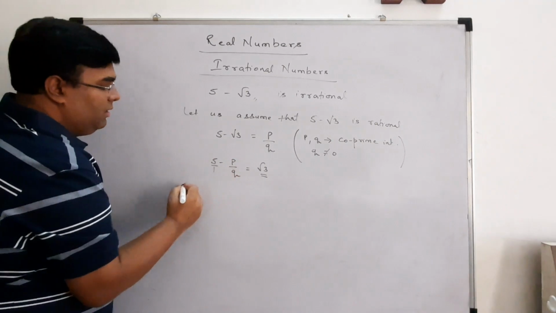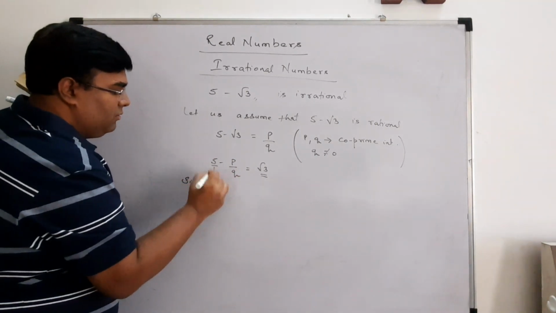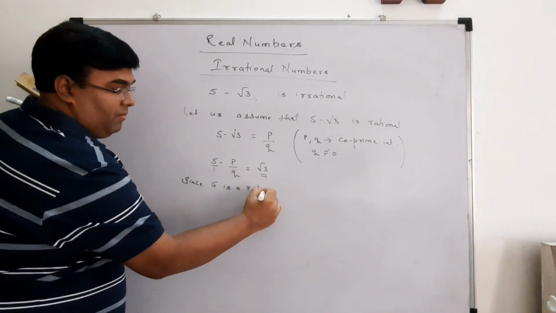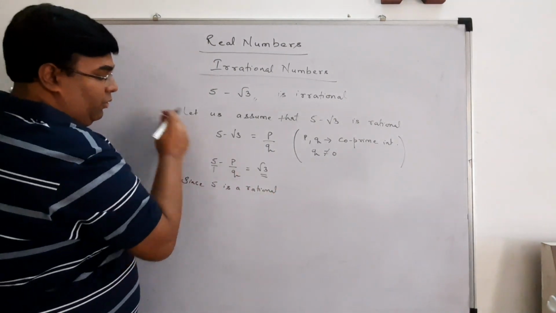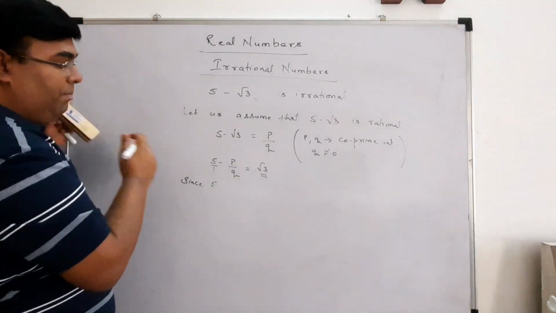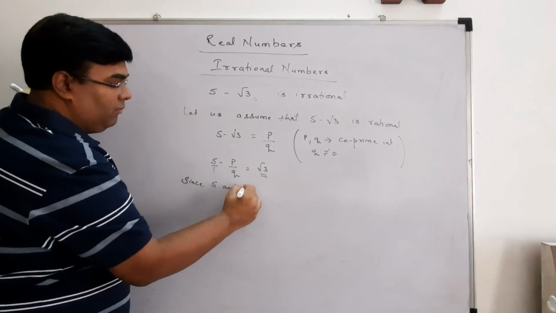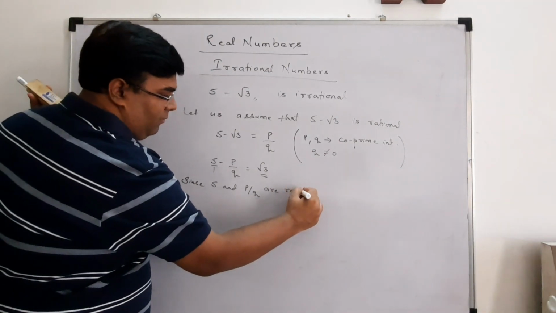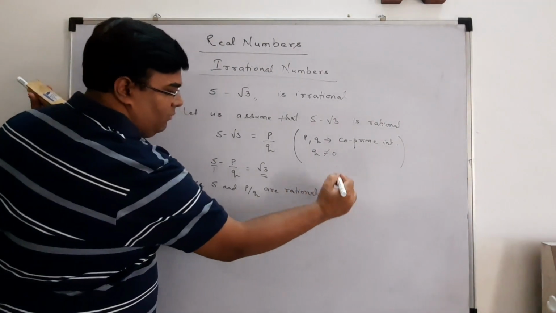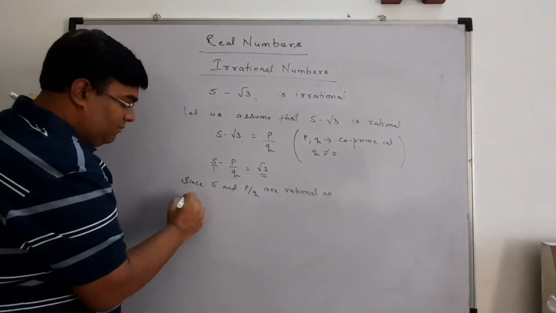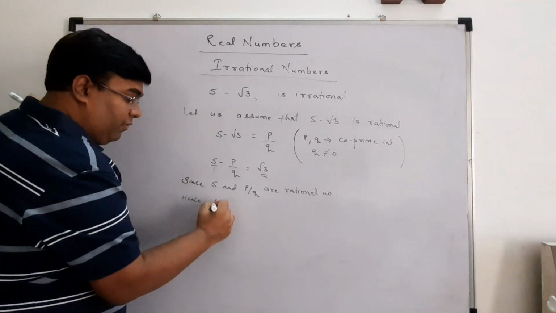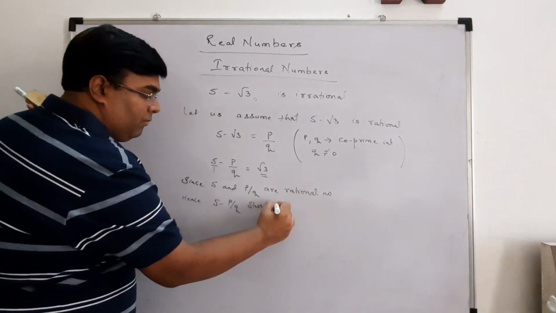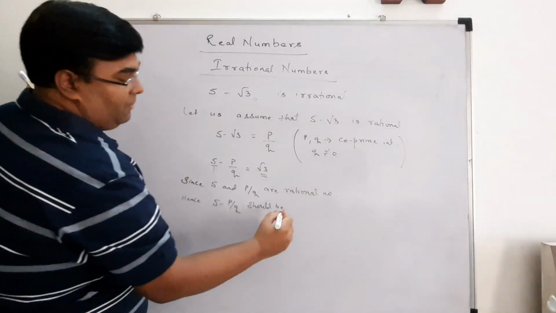We will write, since 5 is a rational number, or you can write 5 and p by q are rational numbers, hence 5 minus p by q should be a rational number.